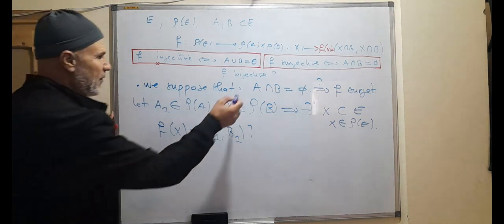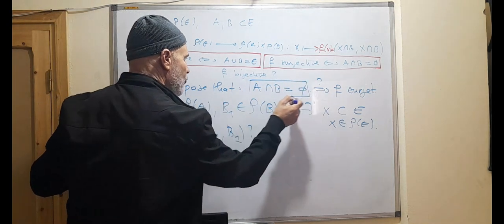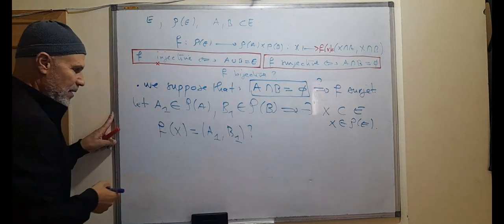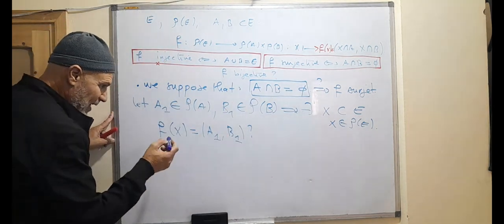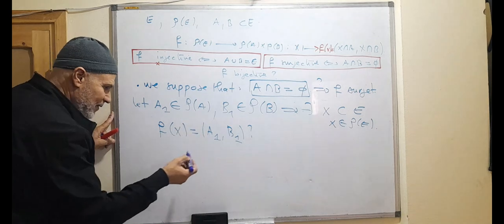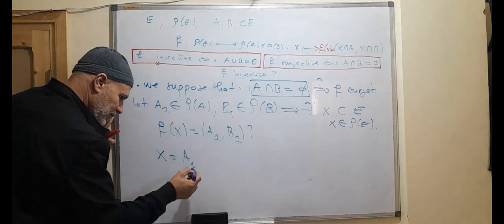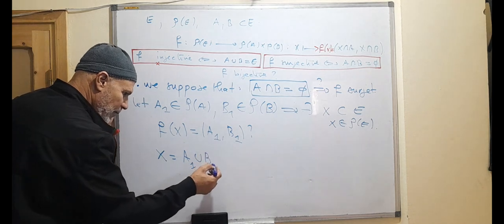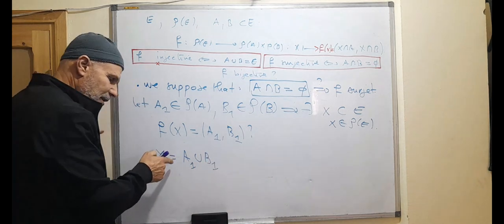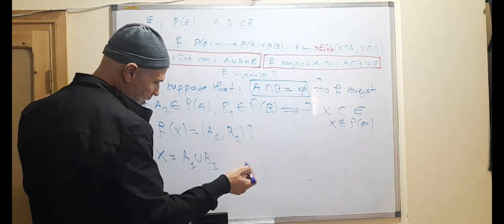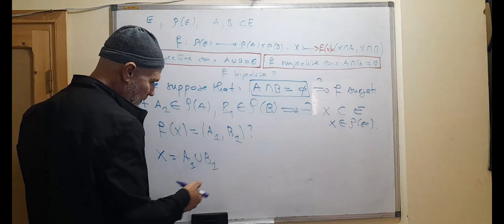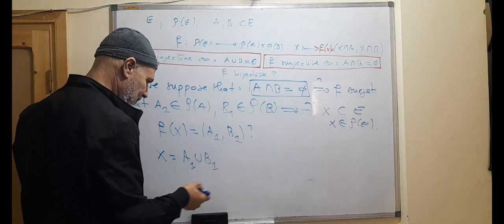What we have, this is true. So, after thinking, if we take X equal to A1 union B1, this choice will fit with our question. Why?